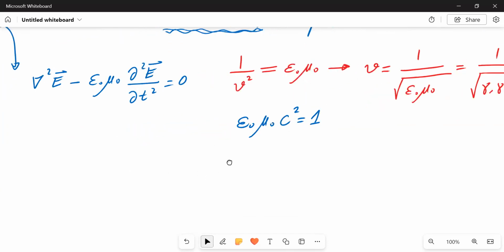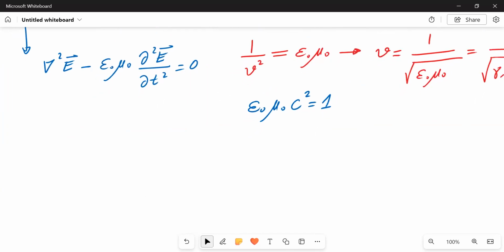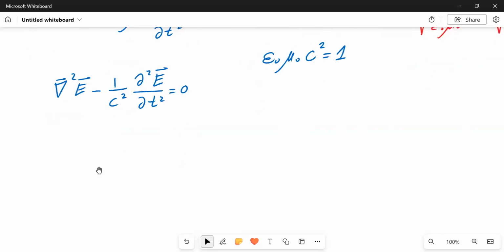And in that case, my wave equation is now written in this beautiful, simple form. Sometimes in some literature, we take the vector Laplacian operator minus 1 over c squared and the second time derivative operator.